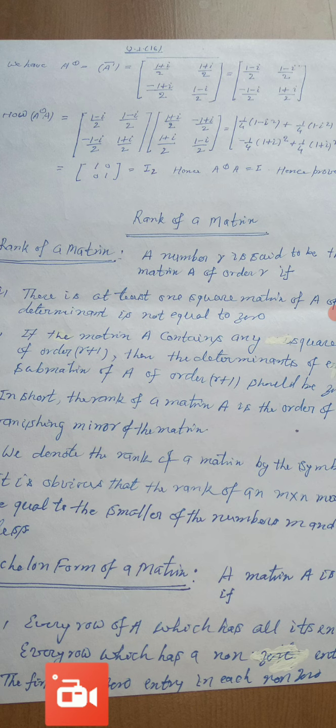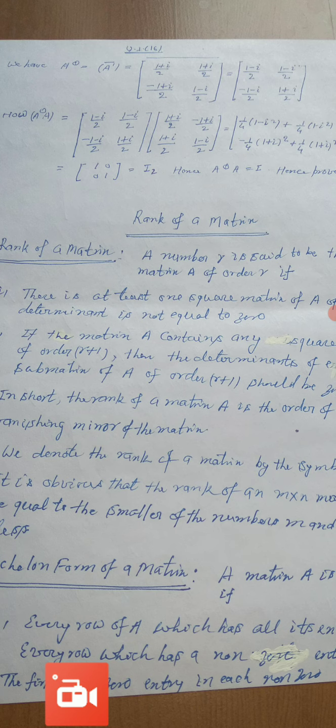Now we discuss another form, the echelon form of a matrix. This is very important. In order to find the rank of a matrix, we are required to reduce the given matrix into echelon form, and after converting it into echelon form we see the number of non-zero rows.